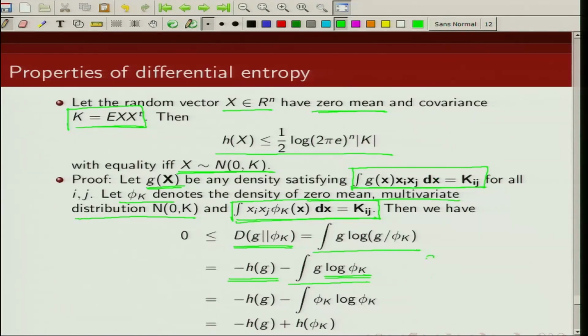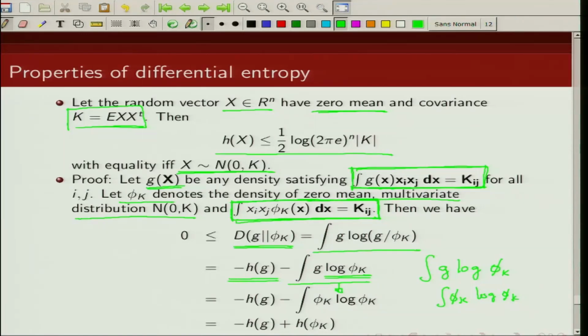So this term, the integral of g log phi k, will be the same as the integral of phi k log phi k, because log of phi k has a quadratic form, xi xj form, and the integration of g of x xi xj is the same as the integration of xi xj phi k. So this is equal to this, and that's why we are able to write it like this.